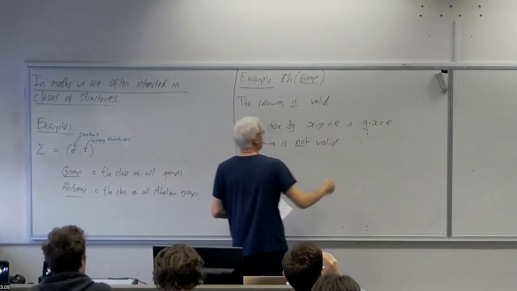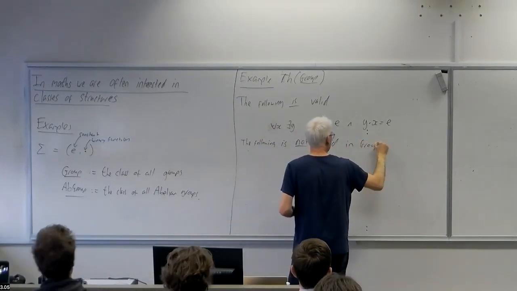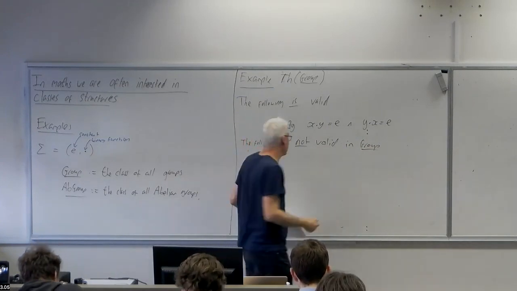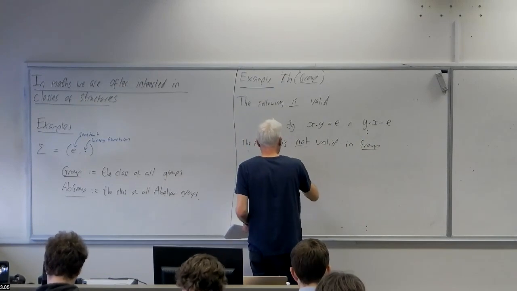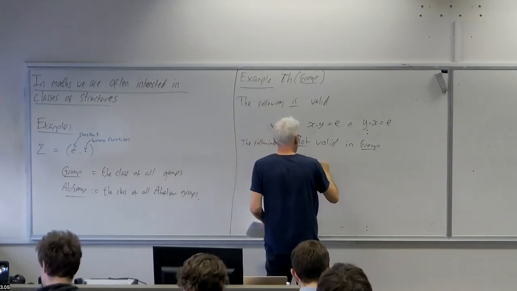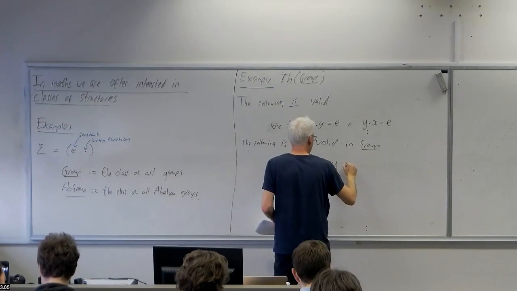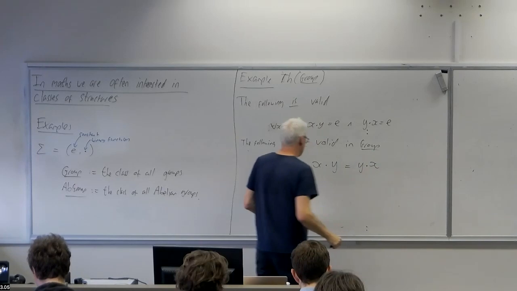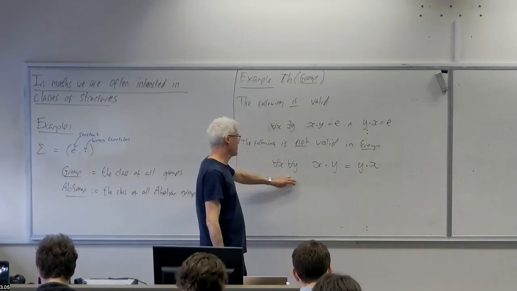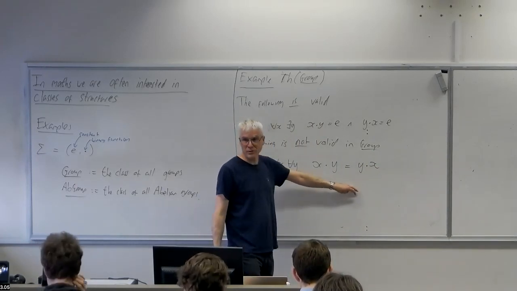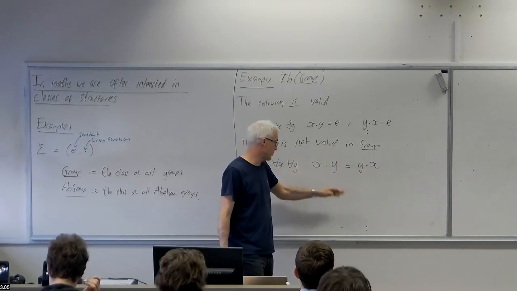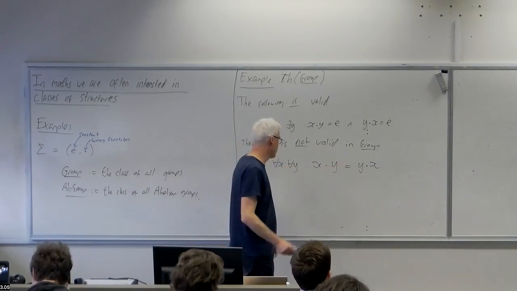So in the collection of groups, an obvious sentence that's not valid in groups, when one of the first things you learn about arbitrary groups is that there are groups in which the multiplication operation is not commutative. So we know this sentence is true in some groups, namely it's true in the abelian groups, but it's not true in all groups. And to be valid in groups, it would need to be true in all groups, so this is not valid in groups.